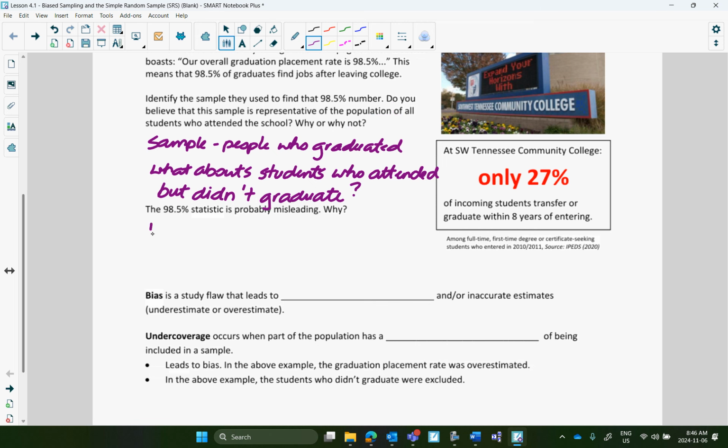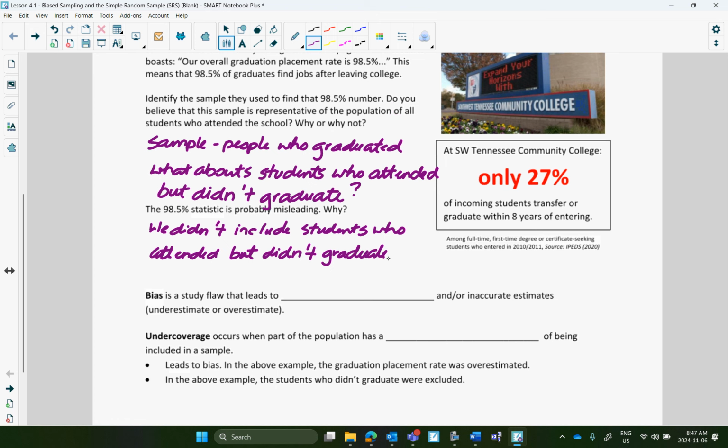Because we didn't include students who attended but didn't graduate. And we could say, you know, what was their job placement rate?